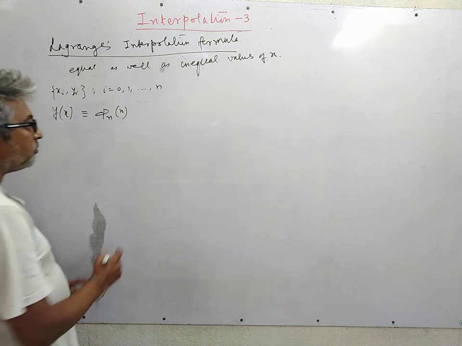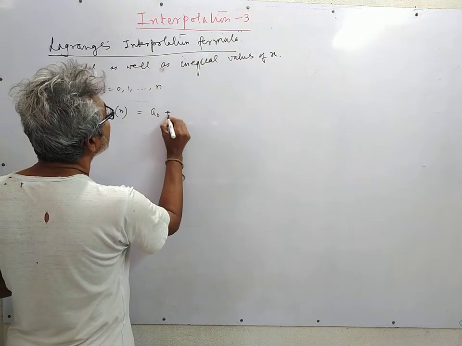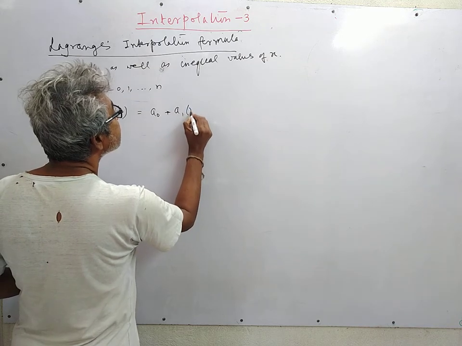In Newton's formula, we assume that the polynomial to be like this.